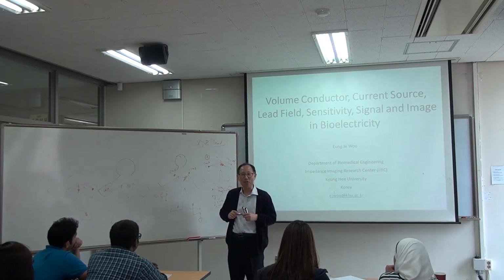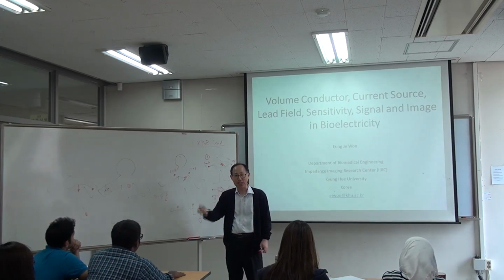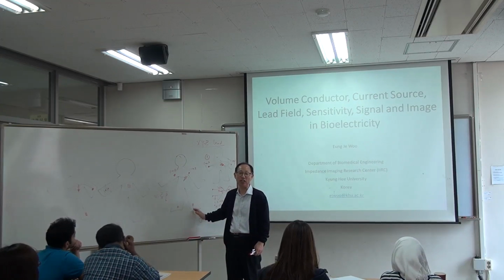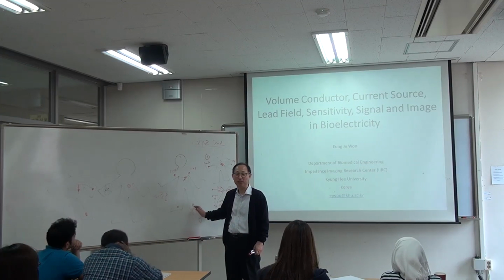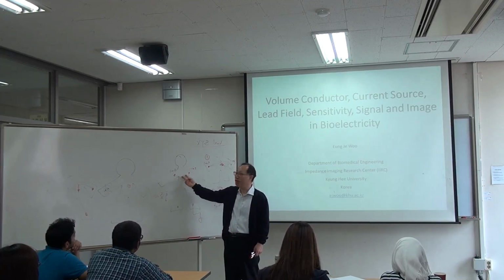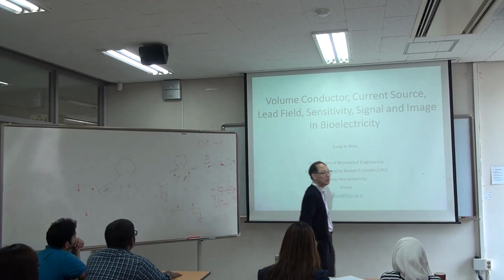No, no, no. This is not for current sink. This is only for reference, voltage reference. Okay? This is nothing to do with the current injection. So this electrode configuration and this electrode configuration, they are the same in terms of ECG measurement.